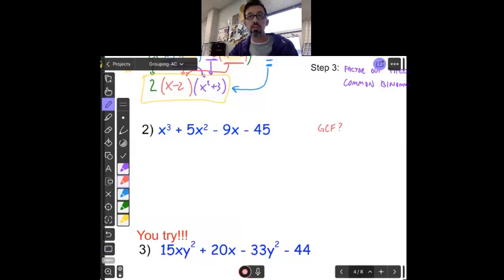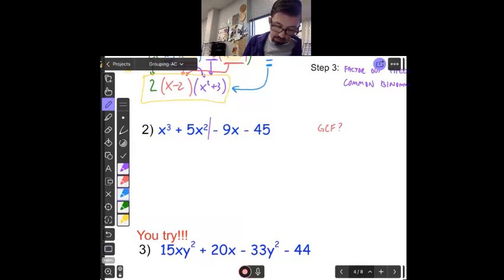We have a bunch of no's there in the chat. No GCF, so we just move beyond that. So we go to the real first step, which is to break this problem into two problems. Split it right down the middle. Make sure you keep the sign with the 9.